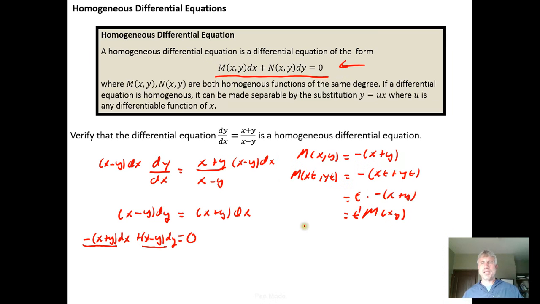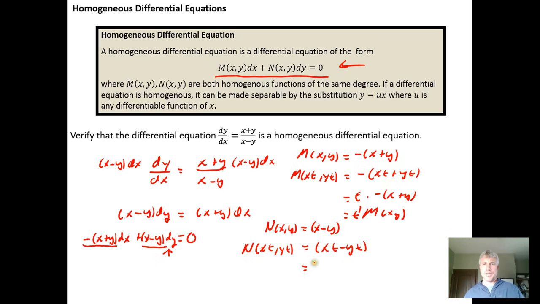And then we can play the same game one more time with the N of x, y. So we see N of x, y is just equal to x minus y. It's the coefficient on the dy. And then we can make the replacement. x gets replaced with xt, y gets replaced with yt. So we wind up with xt minus yt.